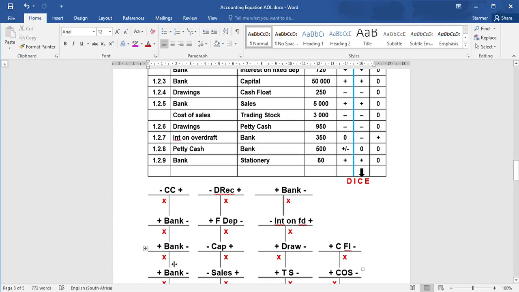The X is on the debit side of bank. The X is on the credit side of capital. Bank is an asset going up and capital increases your owner's equity. On the left we've added 50,000, on the right we've added 50,000. So that equation is equal.